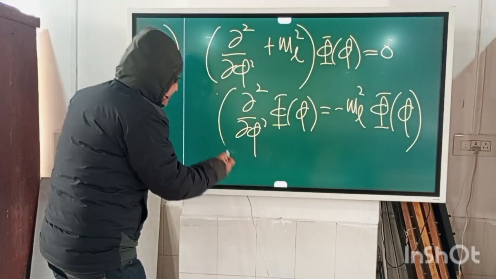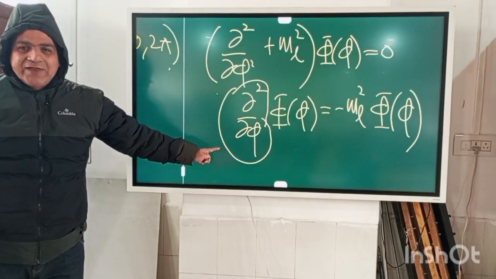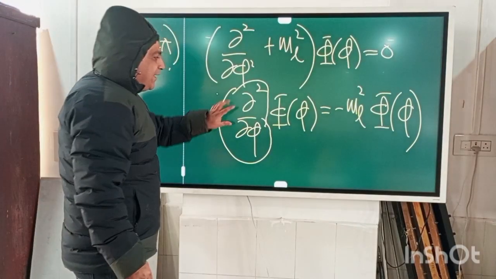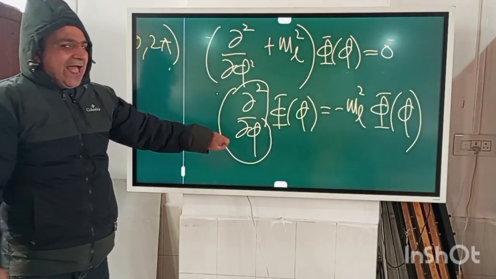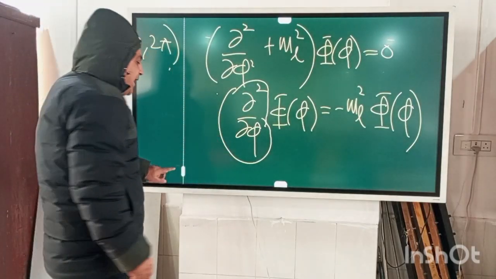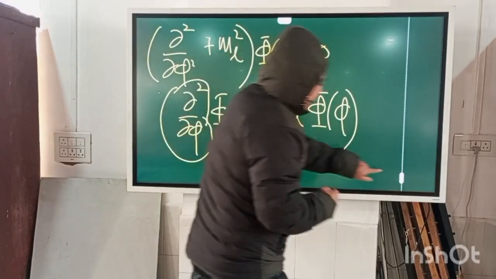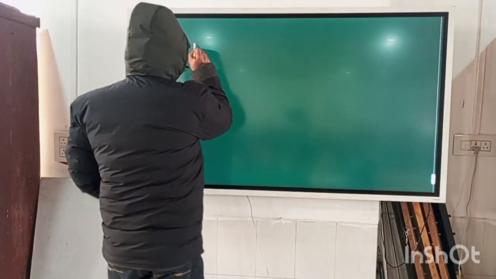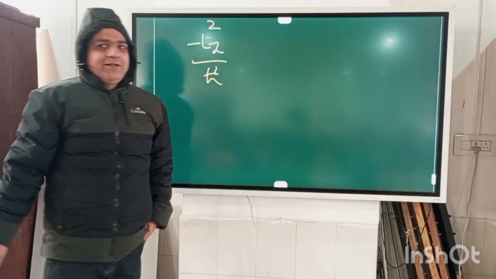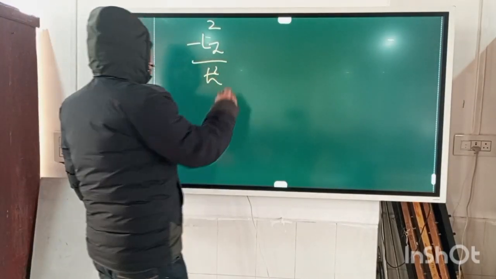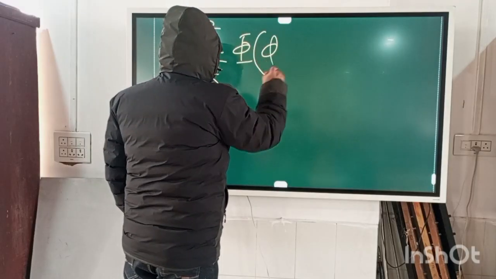Now, as you have calculated Lz², I can use that Lz². So instead of this, I will write minus Lz²/ħ², acting on capital Phi, this is my eigenfunction.